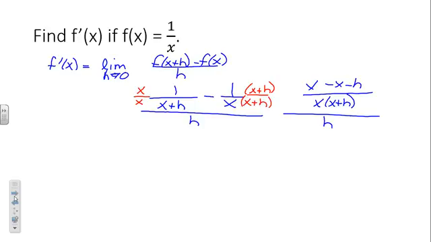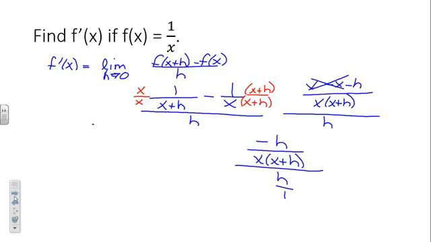This one came from here. And then the negative 1 was distributed to both. So we can cross those out. These guys are gone. x and negative x is gone. So I have a negative h over x times x plus h, all over h over 1. Because when you have a fraction over a fraction, you can invert and multiply, right?